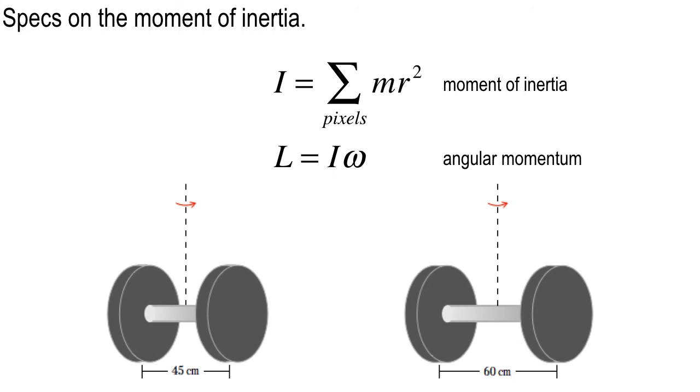Now this other one down here on the bottom right is a little bit bigger, 60 centimeters across. So most of those single grams of mass are either 30 centimeters to the left or 30 centimeters to the right. So this one on the right has a bigger moment of inertia because r squared is bigger.